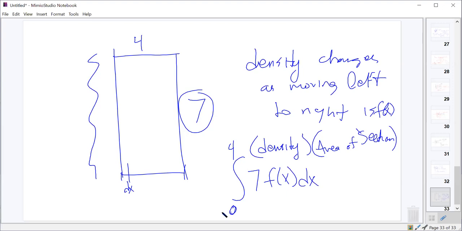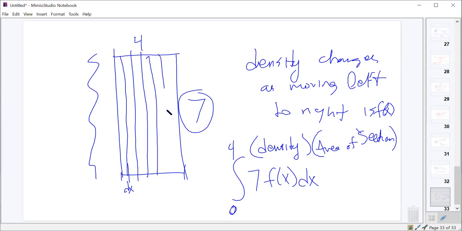So the area of each section is kind of coming out of the... So think about it this way. Here are your strips of land with whatever densities they might have, right? And imagine that there's an infinite number of these, because every tiny fraction of a mile that you move from left to right, the density is changing, based on this function f of x.